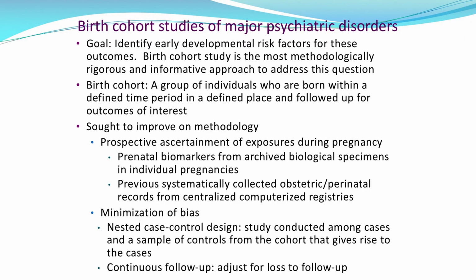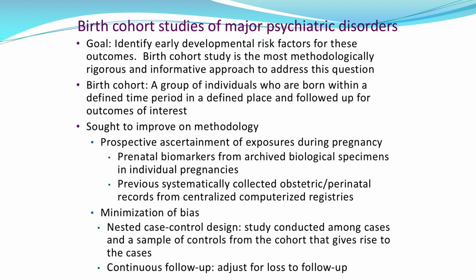So we sought to improve upon the methodology, first in 2 key ways, and there were other things that we did as well. The first is to have prospective ascertainment of exposures during pregnancy. And we did that through either prenatal biomarkers from archived biological specimens in individual pregnancies, and previous systematically collected obstetric and perinatal records from centralized computerized registries.